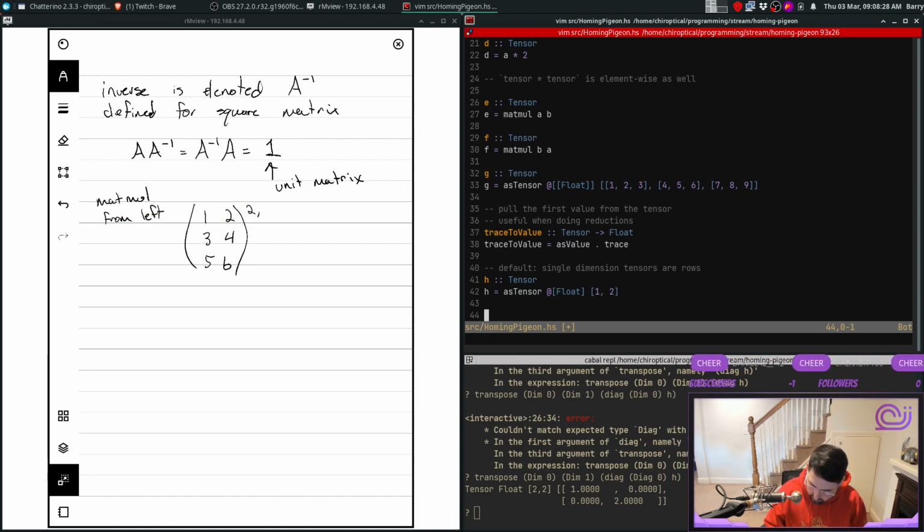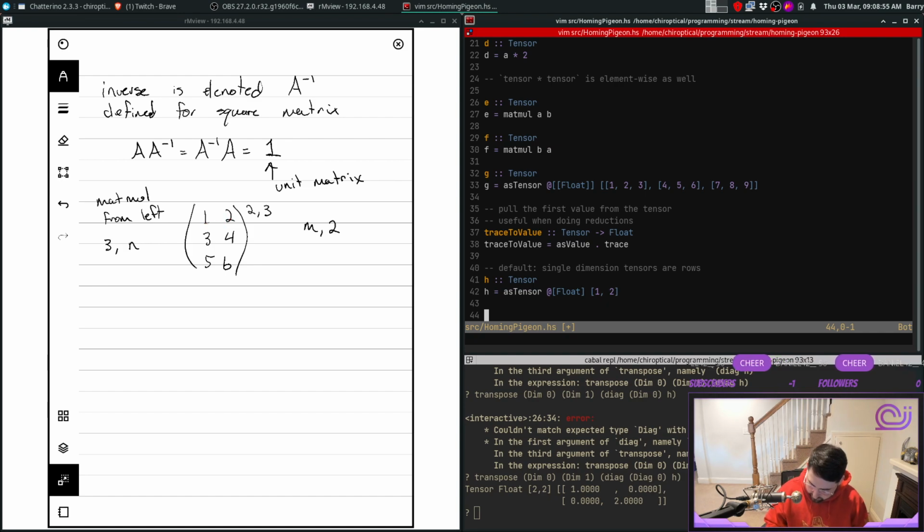This is 2 by 3, so we need to have at least 3 columns. So this needs to be 3 by n. But if we want to match over here, this needs to be m by 2, because the k needs to match.